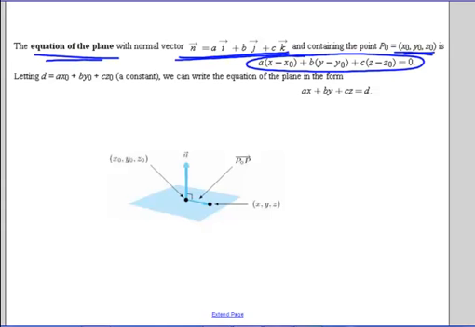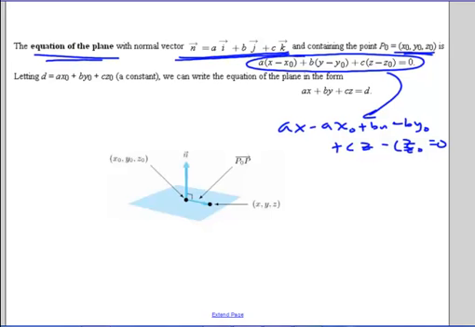And therefore, if we want to simplify this, we could write this as ax minus ax naught plus by minus by naught plus cz minus cz naught, and that's equal to 0.